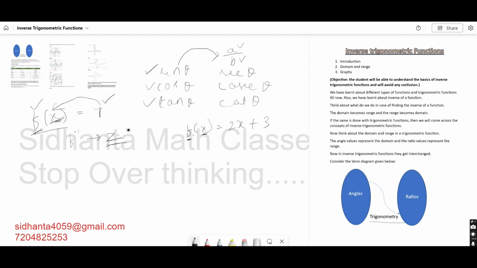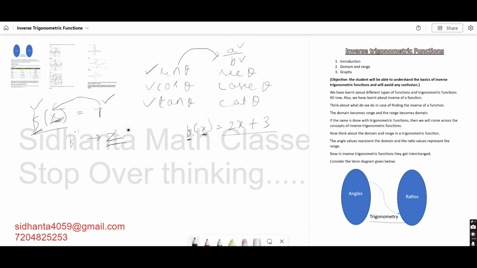Here you are multiplying x by 2 and adding 3. So when we say multiply whatever value is given here by 2 and add 3 to that, that's a process that you are applying on x, and that process is called a function.